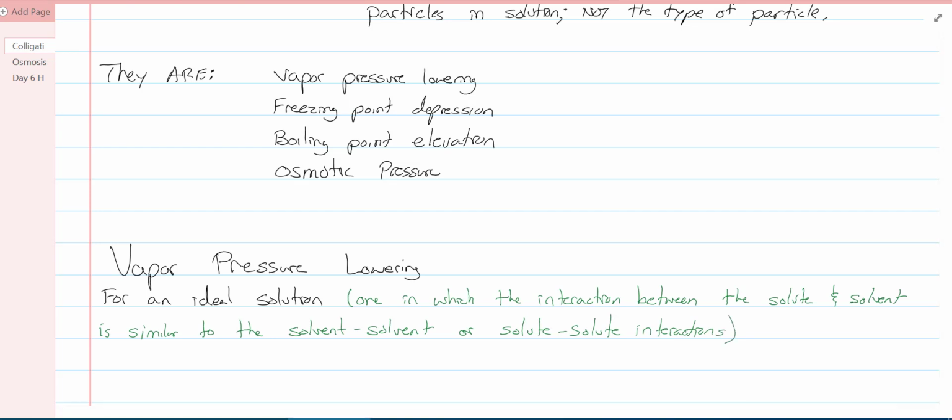Right, so we're talking about intermolecular forces that are very similar in scale and type. Right? The vapor pressure.